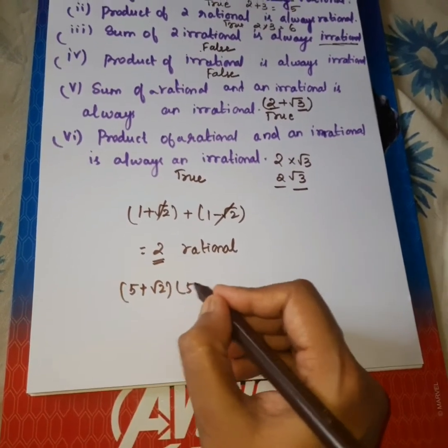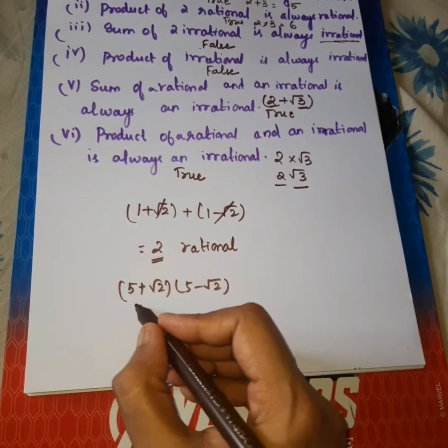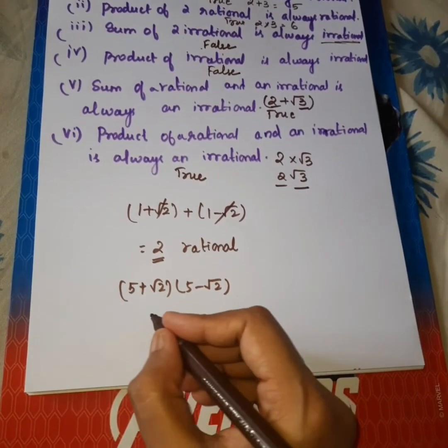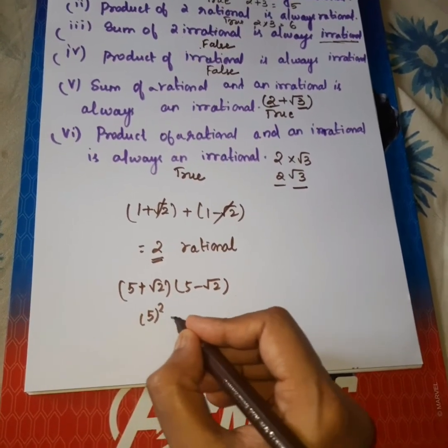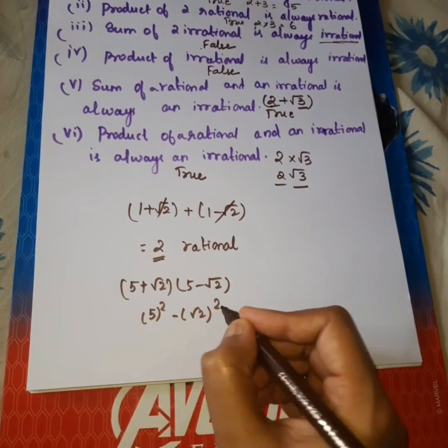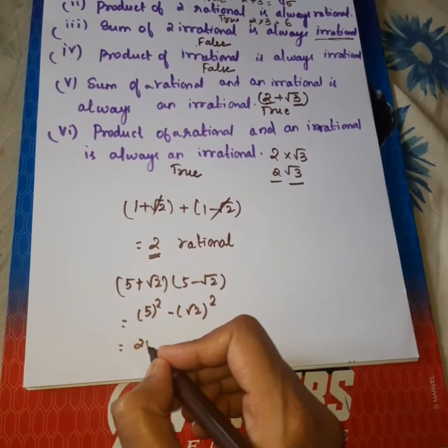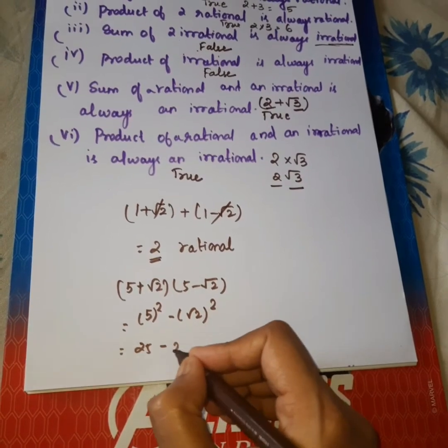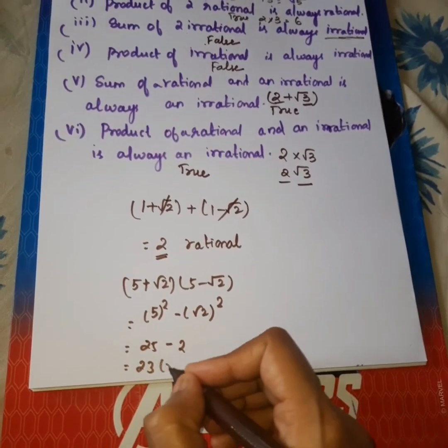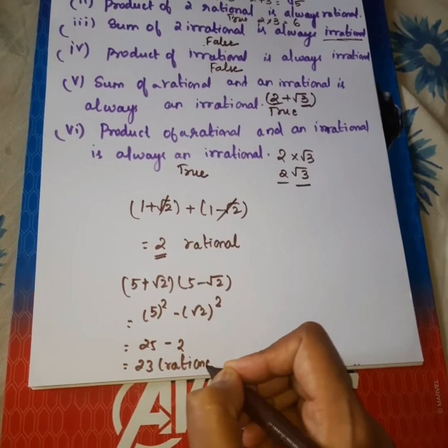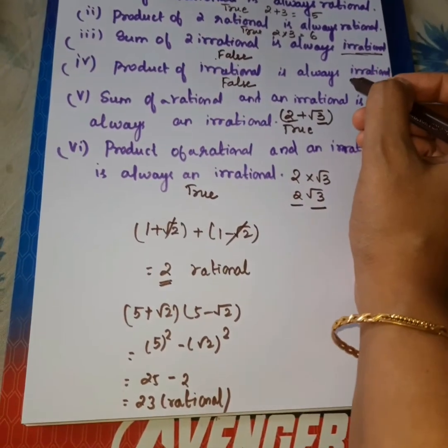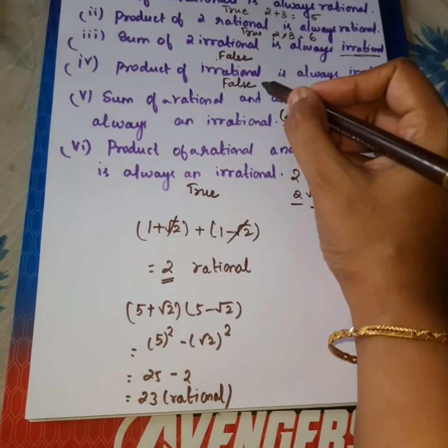I'm just taking the same example taken in question 5, but you can take any number to understand. Two irrational numbers can also give a resultant rational. I believe it's clear. So it's not necessary to be always irrational.